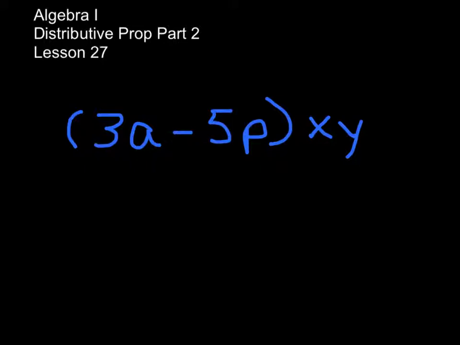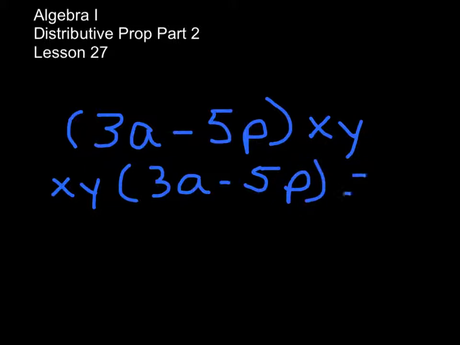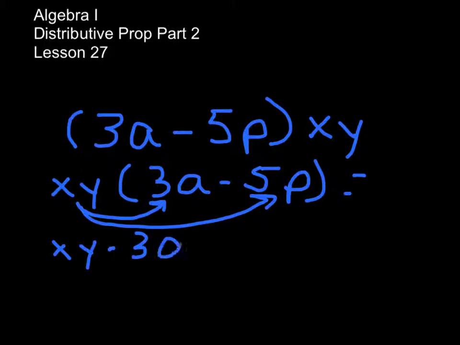But I can write this so that I have xy in the front times the 3a minus 5p. Now I can distribute. And remember, when you distribute, you take this times the first term and then times the second term. So I have xy times 3a minus xy times 5p.